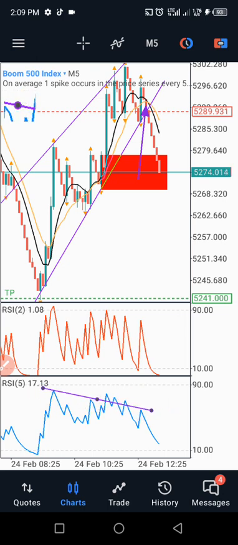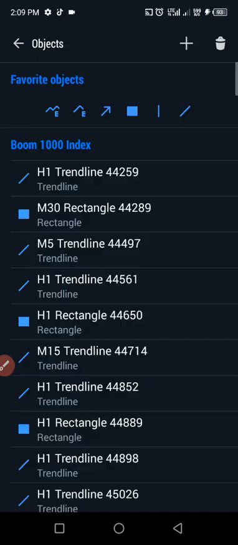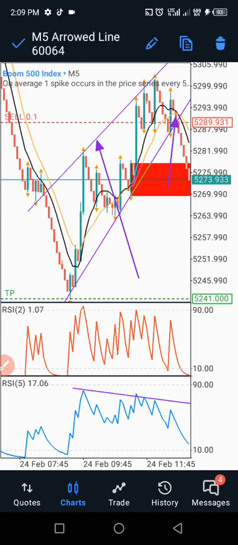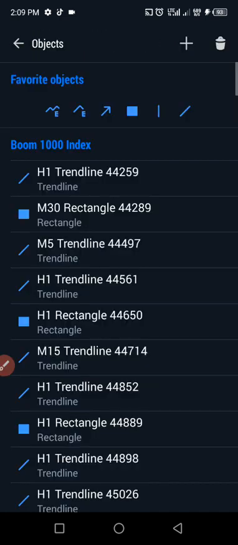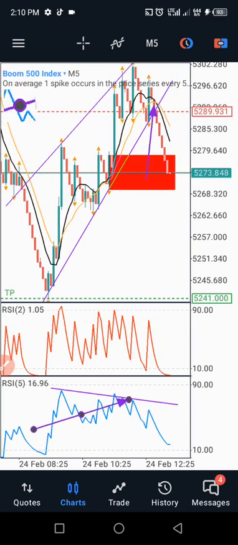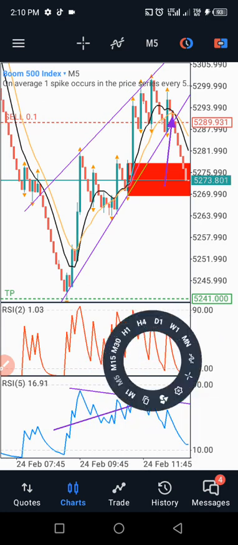So this is how a divergence forms on our main chart. As price goes up here on our main chart, it means that on our relative strength index, on our indicator, we want to see price going downward, and that was what happened here. So those are the first three conditions we see here.